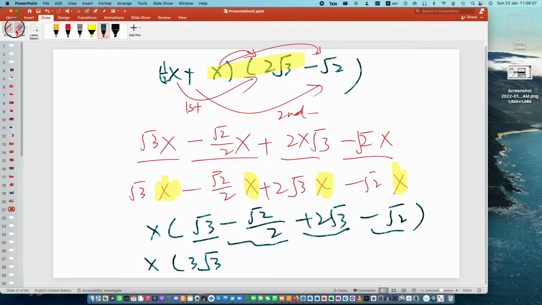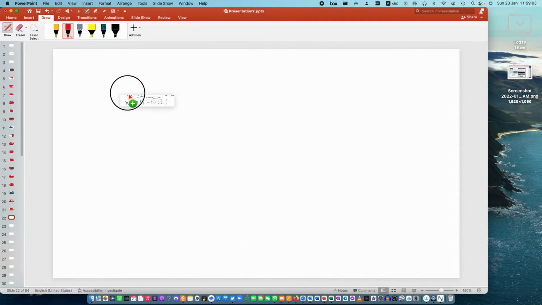This is minus 0.5 square root 2 minus, so it's minus 1.5 square root 2. Good. Then next step, open up. So it'll be 3x square root 3, then negative 1.5x square root 2.